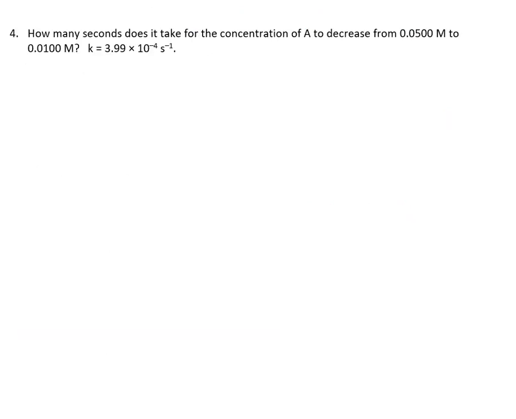In this next example, we'll apply a similar strategy. We'll write our linear form of the integrated rate law. ln A equals minus kt plus ln A naught. We'll define our terms so we see what we're trying to calculate.